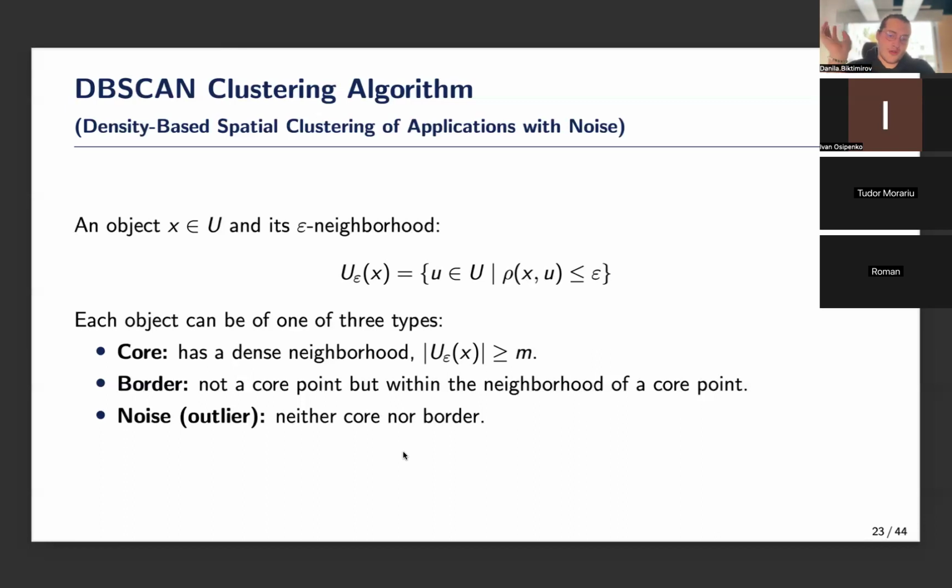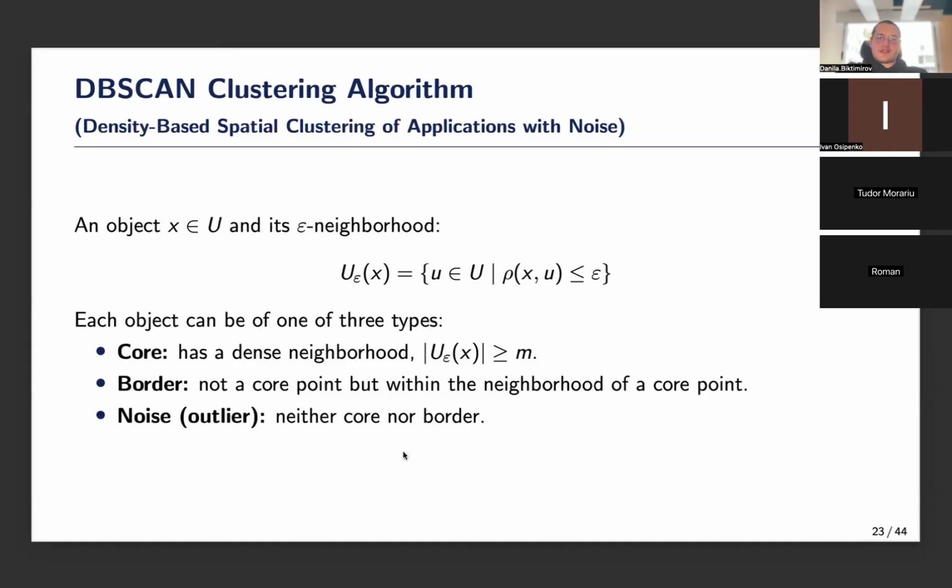Each object in our data set or space can belong to one of three types. Let's introduce them. First, a core object: it has a dense neighborhood, meaning its epsilon neighborhood contains at least m objects. This introduces two parameters, epsilon and m, and there will be no other parameters.